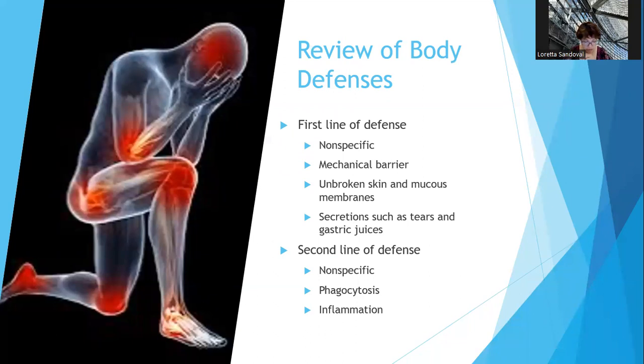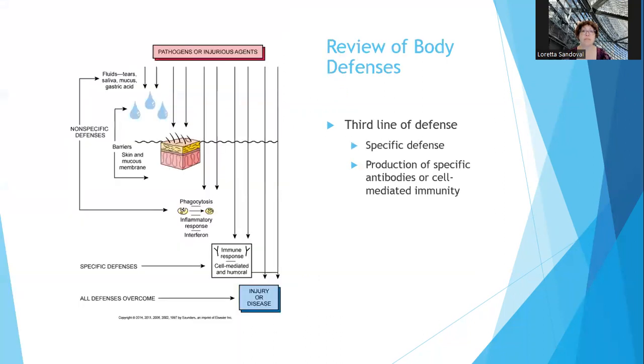That's non-specific, but it can help in our second line of defense. Our third line of defense is specific defense, and that's what our immune system is responsible for. Our immune system produces specific antibodies or cell-mediated immunity that is a specific immune response to a specific pathogen. If the pathogen overcomes all your defenses, then it results in injury or disease.